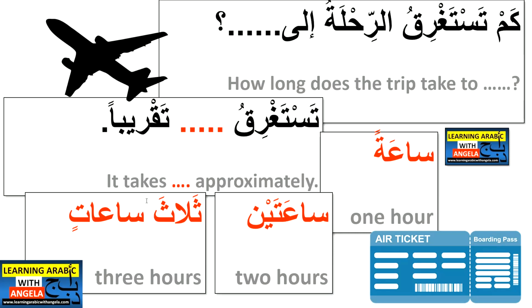Because gender disagreement. So you can go back to the numbers lesson again for more details. So originally it's ثلاثة with التاء المربوطة. But because ساعة is a feminine noun and we have gender disagreements, so when we're counting something, it's going to be the opposite between both. So ثلاثة ساعات, 3 hours.